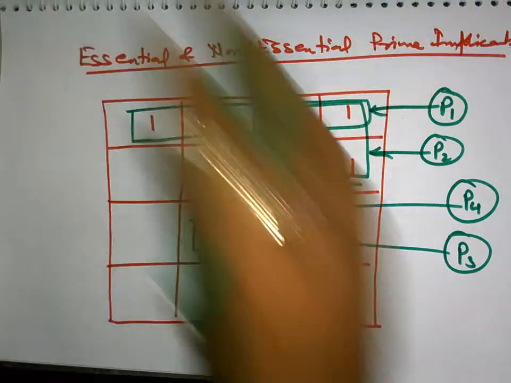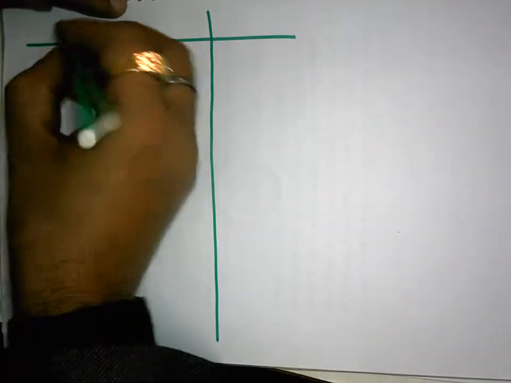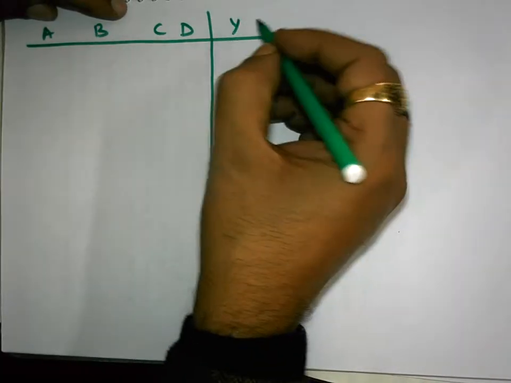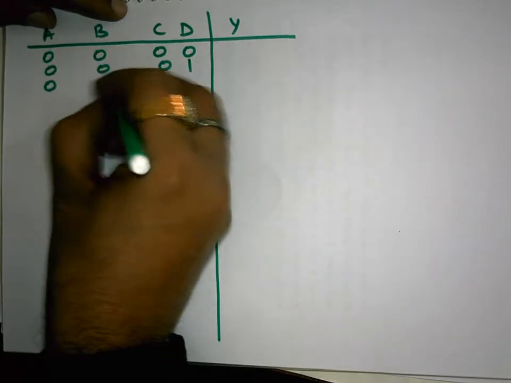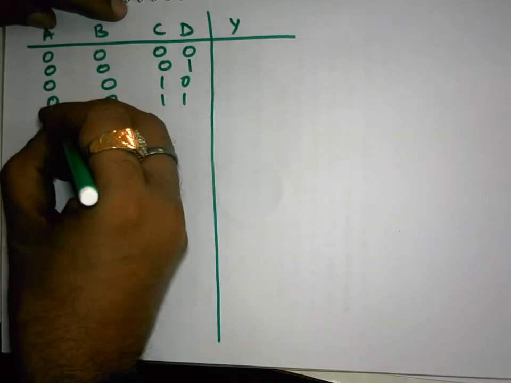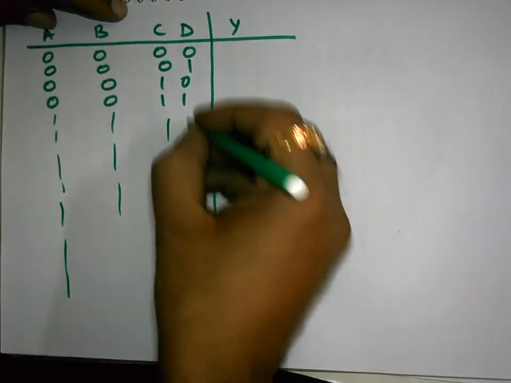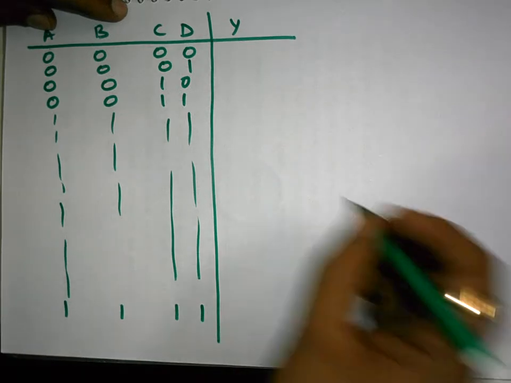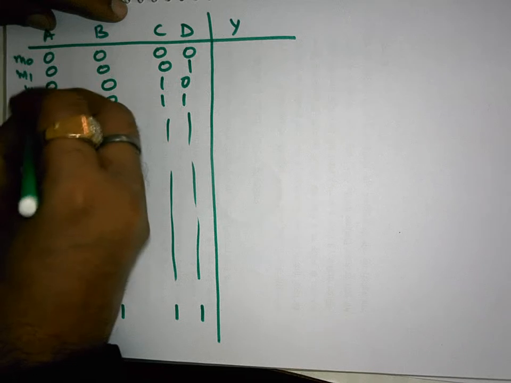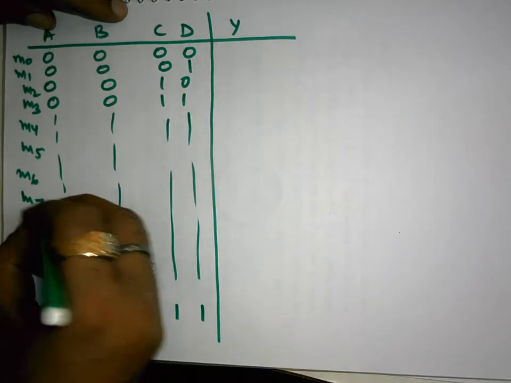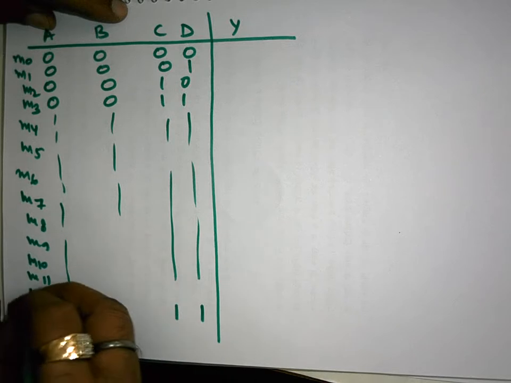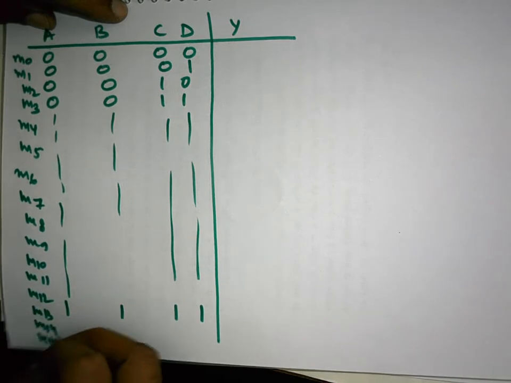Suppose I draw a truth table with A, B, C, D and Y, where Y is the output. 0 0 0 0, 0 0 0 1, 0 0 1 0, 0 0 1 1, and going this way up to 1 1 1 1, and you may say that these are the min terms M0, M1, M2, M3, M4, M5, M6, M7, M8, M9, M10, M11, M12, M13, M14 and M15.